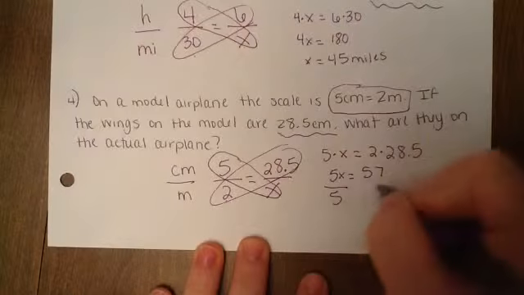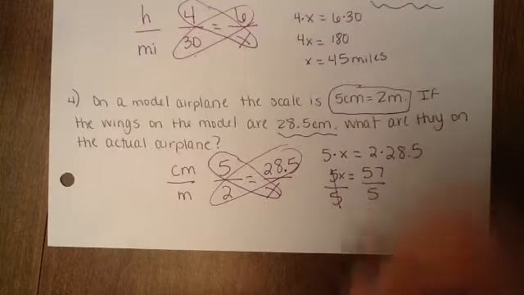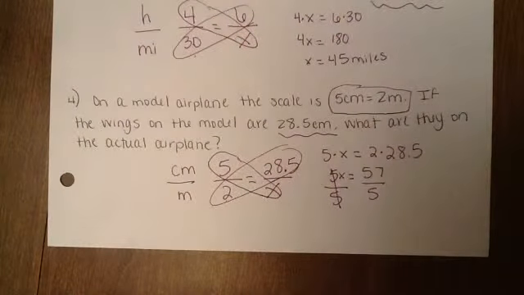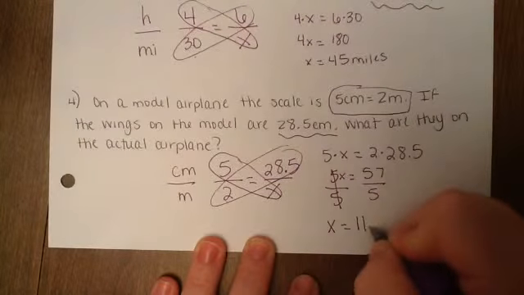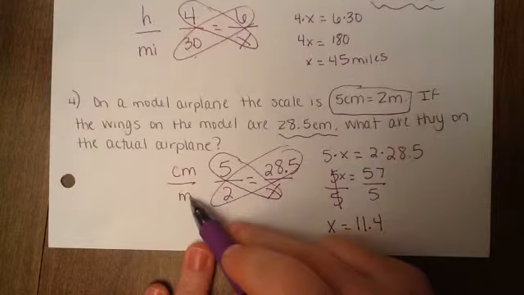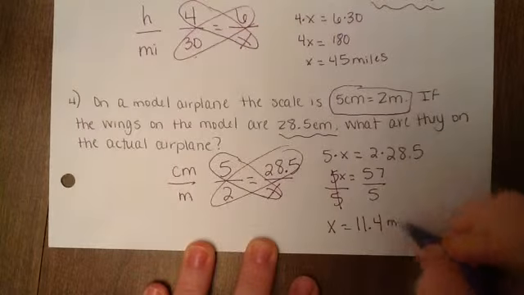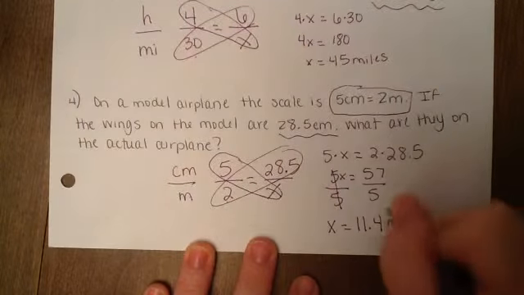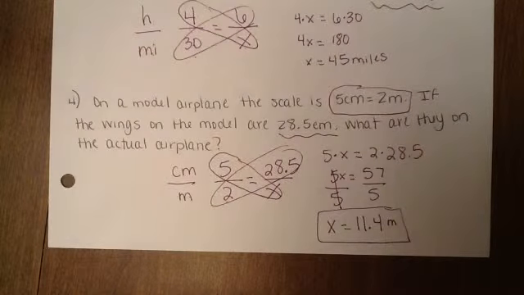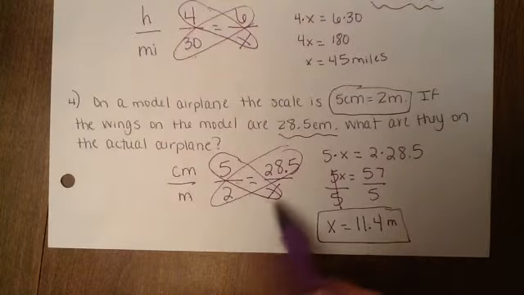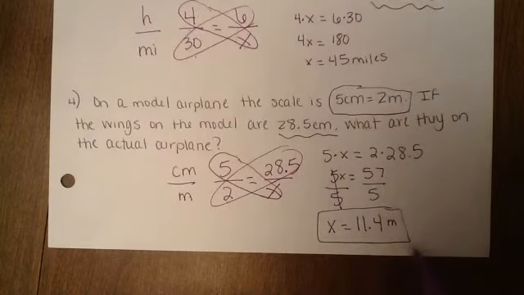Divide by 5. Divide by 5. X equals 11.4 meters. The actual wings on the airplane are 11.4 meters long. Set up your proportion, label your units, plug in your pieces, cross multiply, and solve.